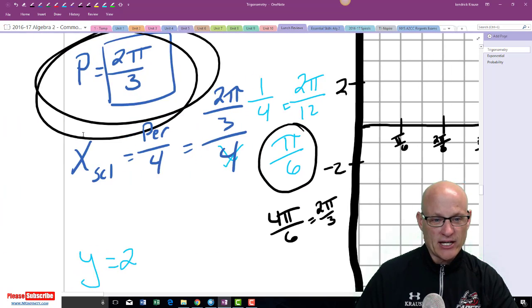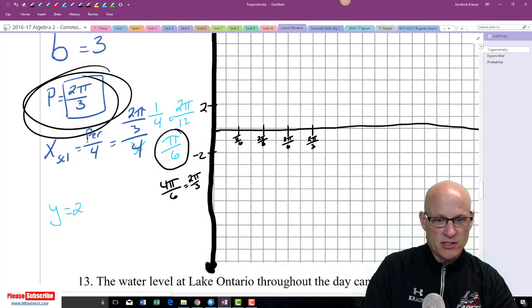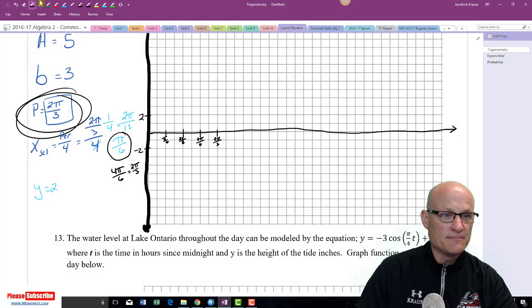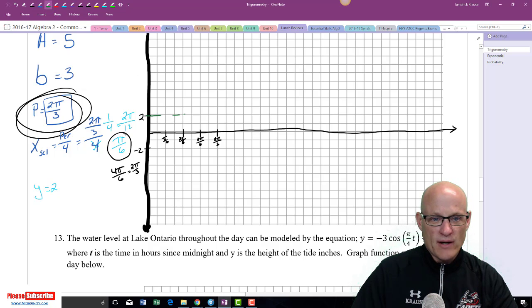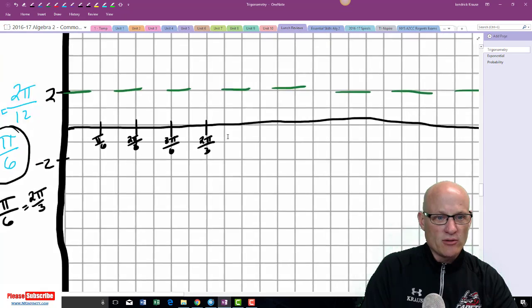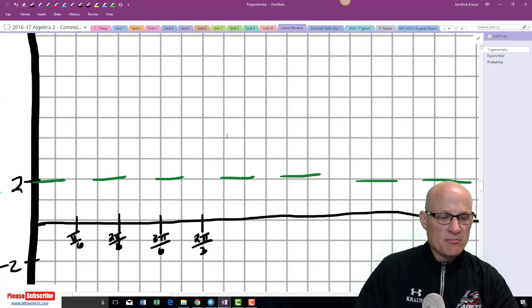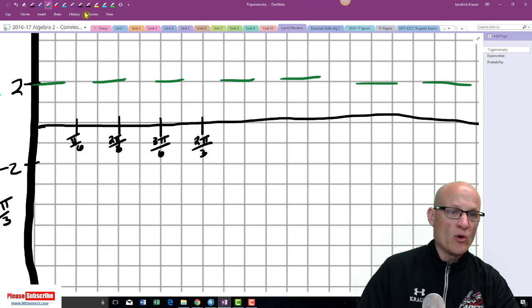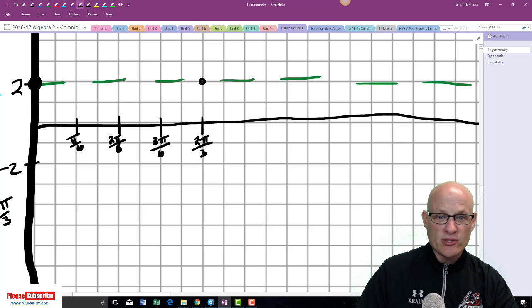All right, so the first thing I've got to do is draw my midline in. So let me zoom out a little bit, do my midline. Oh, why did I pick 2 again? That's weird. I'm going to go all the way down. Probably not going to finish graphing this one. All right, so my sine curve will always start at a 0, end at a 0, and 0 in the middle.